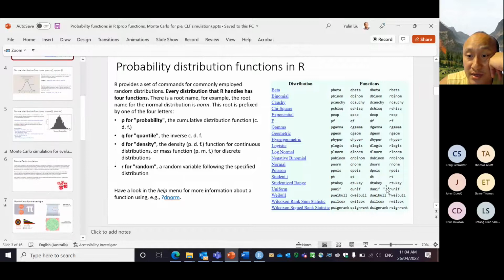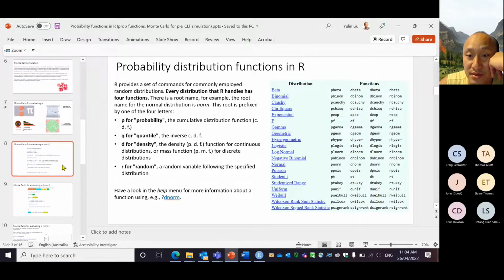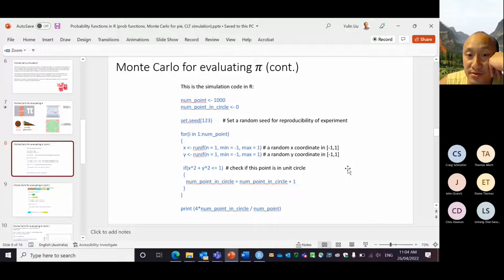So in this case, I'm going to use runif to generate random realizations of a uniform distribution. A uniform distribution must be a continuous distribution within some range. So here, my uniform distribution is between -1 and +1.